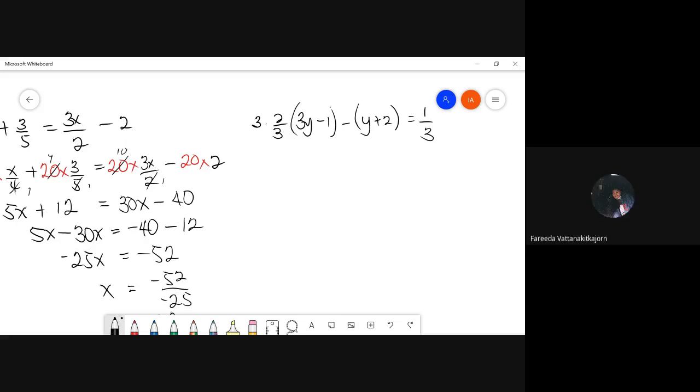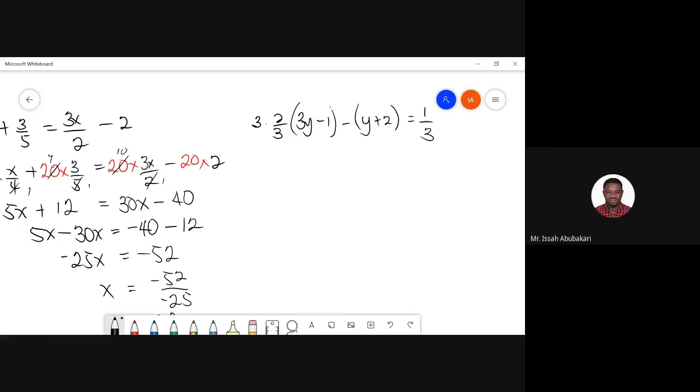4. Okay, can you show me which and which and which is 4 terms? Tell me. Term 1 is what? Where is term 1? 2 over 3, and the next is 3y minus 1, y plus 2, 1 over 3. Okay.